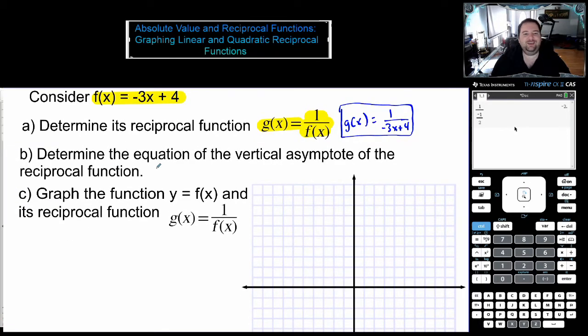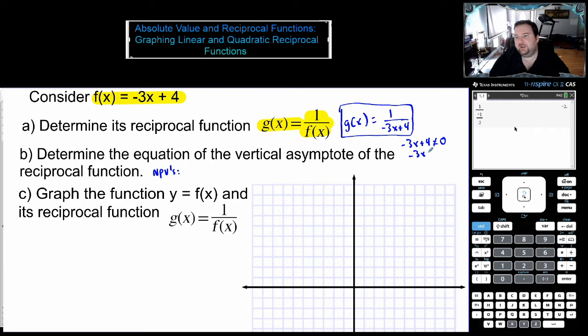All right, so I know that the vertical asymptotes happen at the non-permissible values of our reciprocal function. So what are the non-permissible values of g of x? Well, remember, I'm going to set the denominator equal to 0. So negative 3x plus 4 cannot equal 0. And we're going to isolate x.